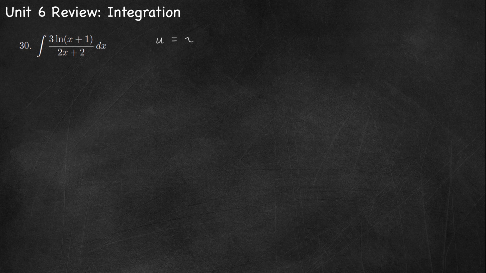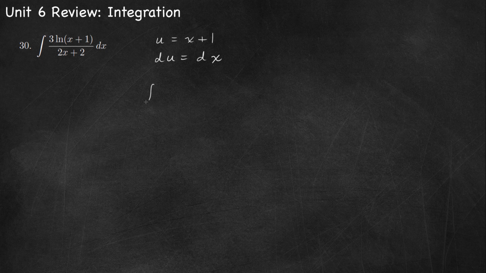If you let u equal x plus 1, then we just get du equals dx. Oh, I think this will still work out. It's going to be a little bit strange, but I think it's going to work.